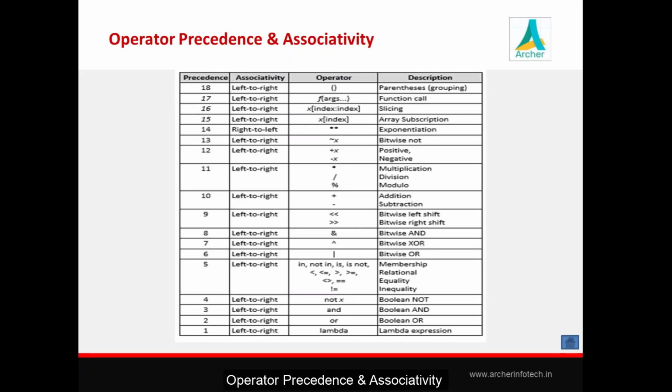In case your expression contains a number of operations using different kinds of operators, which operation will be evaluated first depends on this particular operator precedence table. So according to this table, you can see in our case multiplication will work first, multiplication, division, they are at the same level, modulo operator, and then addition and subtraction.